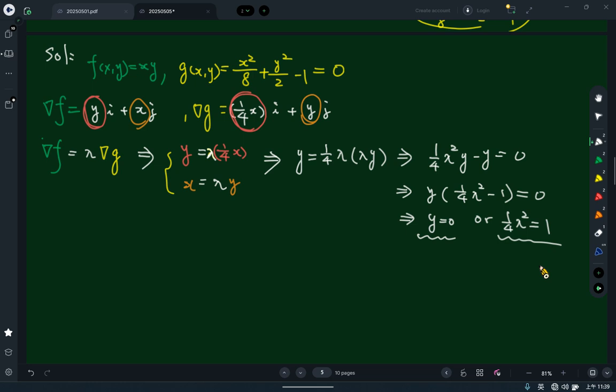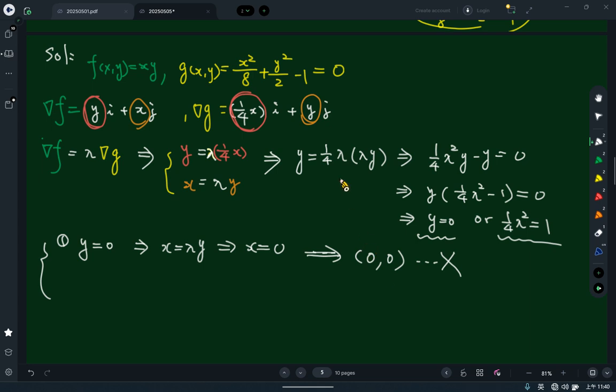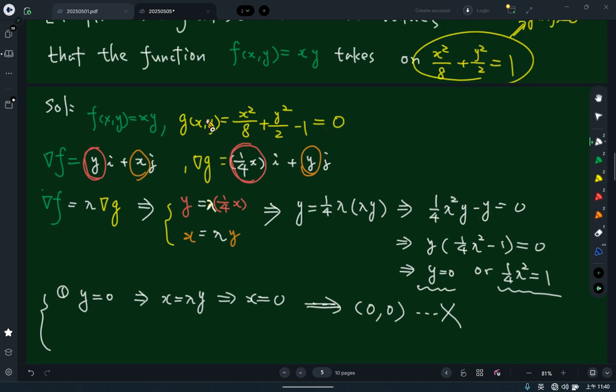But for case 1, y is equal to 0. If y is equal to 0, since x is equal to lambda times y, x is also 0. In this case, x is 0, y is 0. This is not a reasonable solution, because you can see 0, 0 is not on this curve, right?